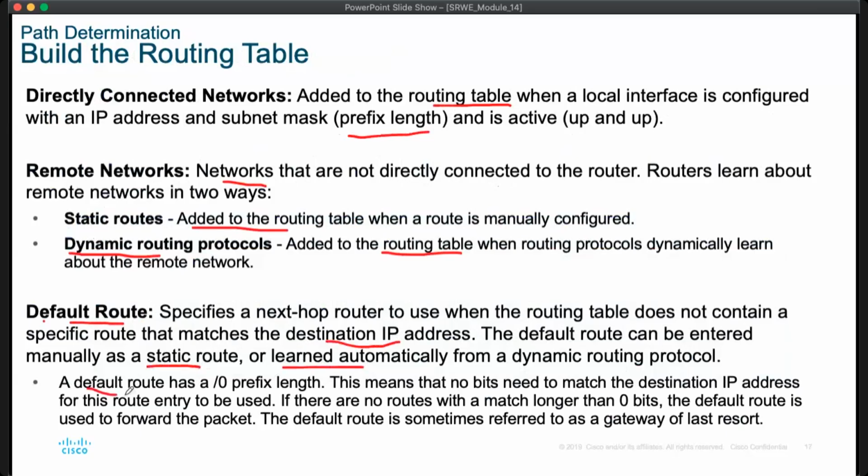A default route has a 0/0 prefix length. This means that no bits need to match the destination IP address for this route entry to be used. If there are no routes with a match longer than 0, the default route is used to forward the packet. The default route is sometimes referred to as a gateway of last resort.